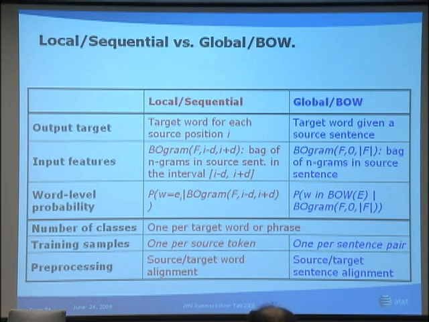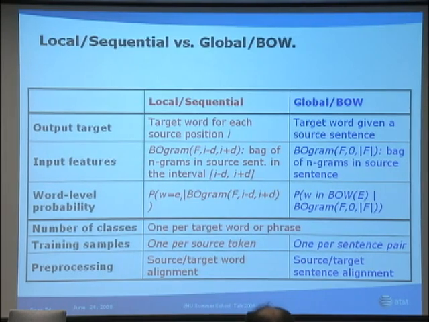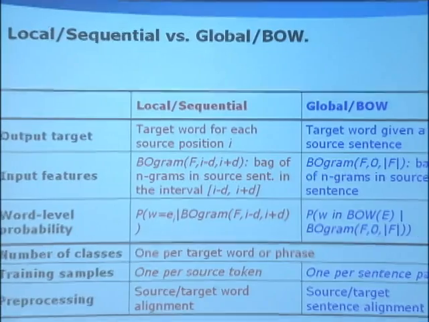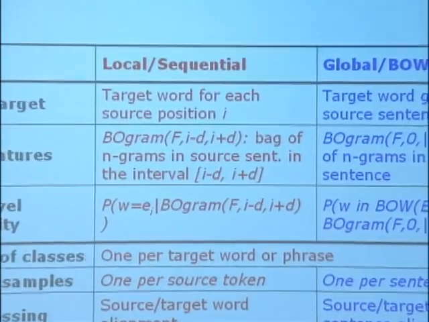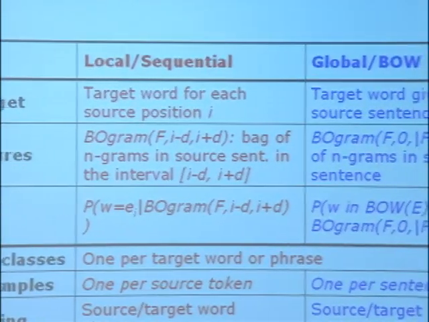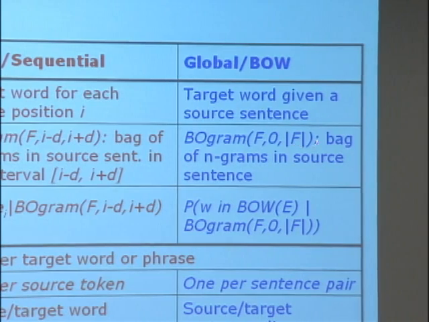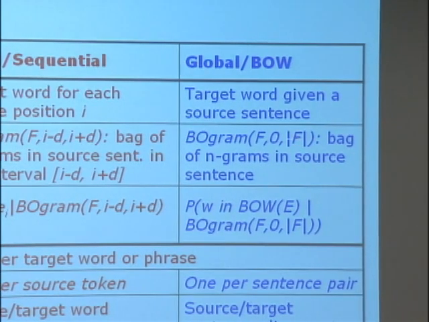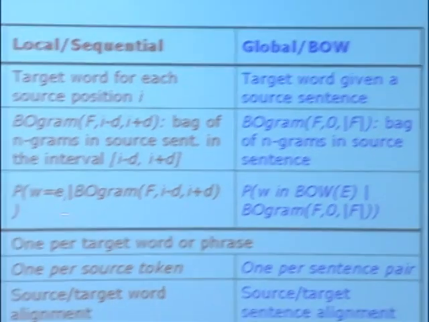The input features are pretty similar. In one case, you take the local context into account, i minus d and i plus d, and you compute some lexical features in that context. In the other case, you take the full sentence into account, from 0 to n, and compute the bag of words. The word probability is pretty much the same.